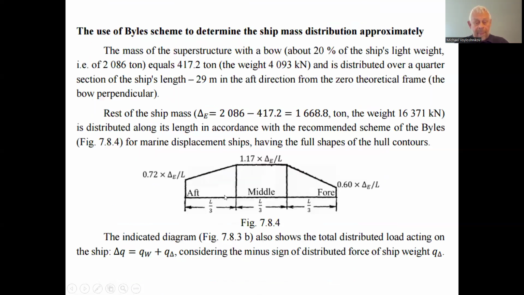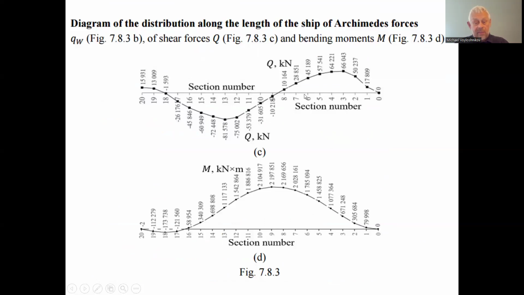If you consider just the 6th, a little bit to the bow, the bending moment is slightly less, not 2,200,000 but about 1,785, etc. So about 1,800,000 kilonewton by meter for the 6th theoretical frame.